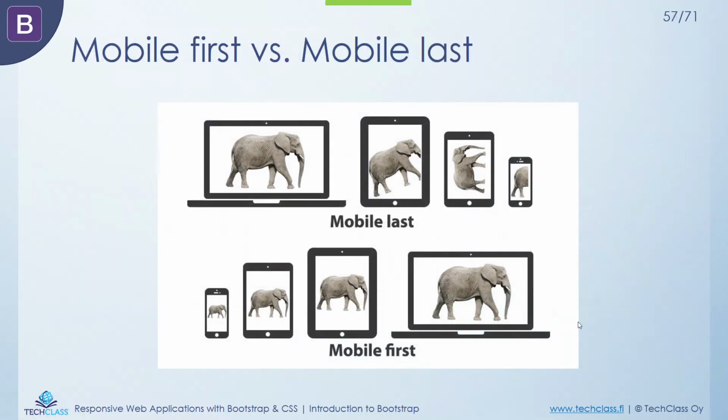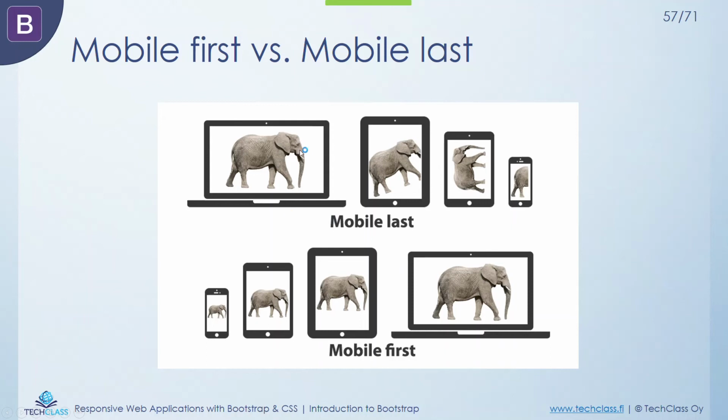All right, here is also a common figure on the internet where you can find the difference between mobile first and mobile last. So when we are having this approach of mobile first, then you see in all of the devices, it looks totally fine. The responsiveness of the pages and everything is according to the screen size.